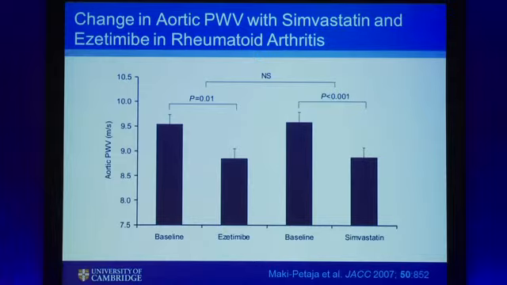And what that suggests to me is it's not anything peculiar about statins, it's just a reduction in cholesterol and perhaps total oxidized LDL, which is what's really driving it. And if you reduce that, you reduce stiffness. And I haven't shown you the data, but you actually reduce inflammation and improve disease activity score in these people as well.